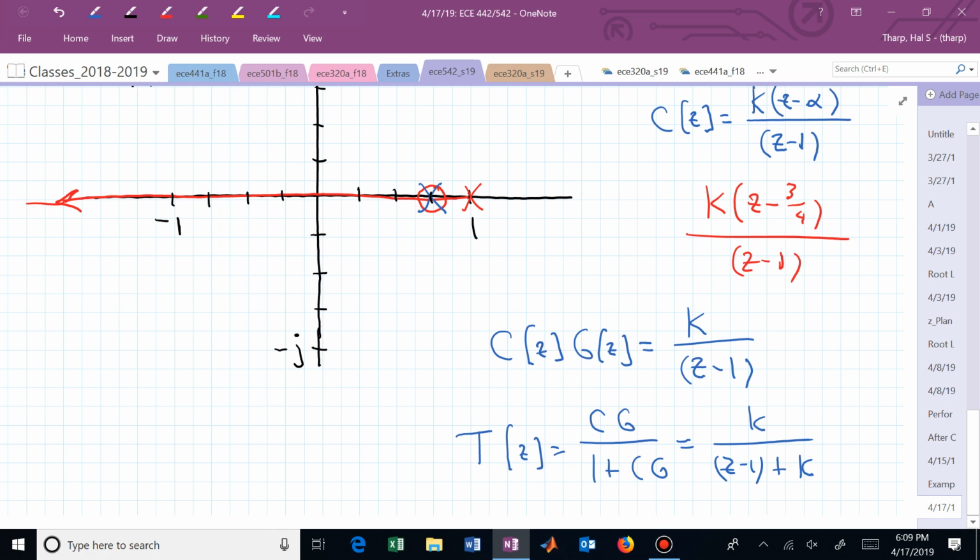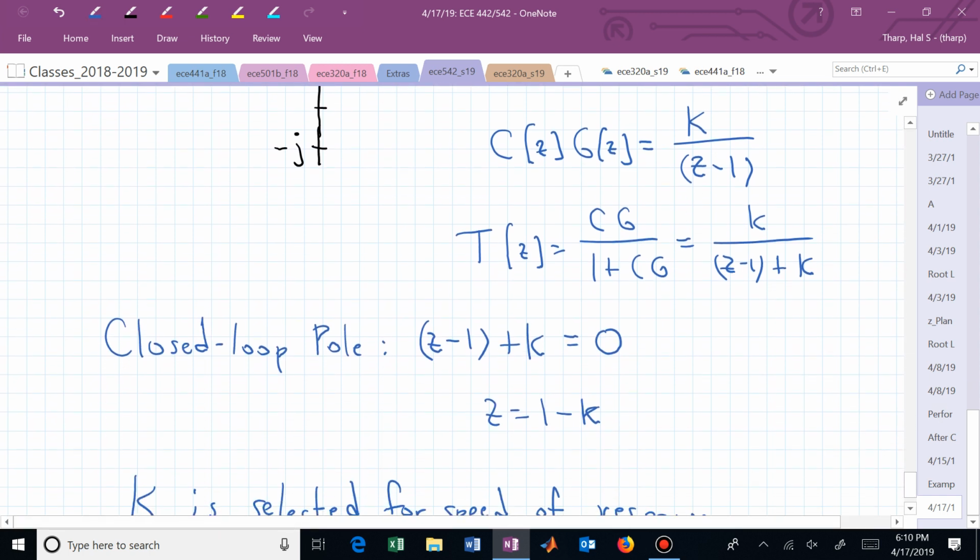That proportional gain in this particular case is being used to influence where you locate your closed loop pole, let's say at 1/2, that triangle. And from this equation, you can see that to get a closed loop pole of 1/2 would mean that K is equal to 1/2.